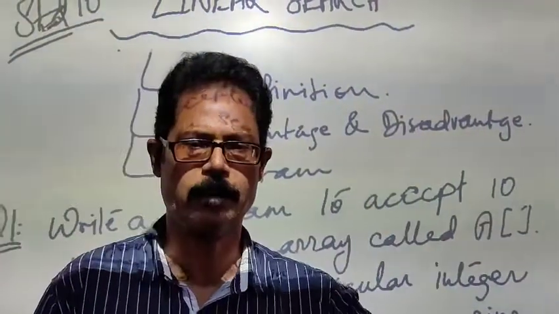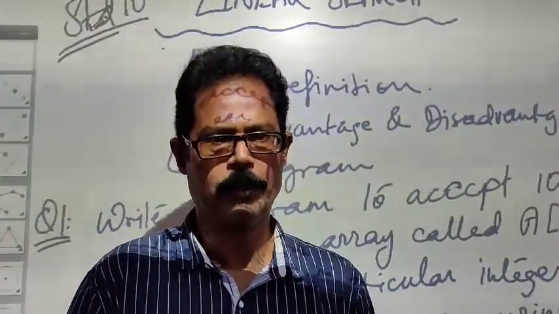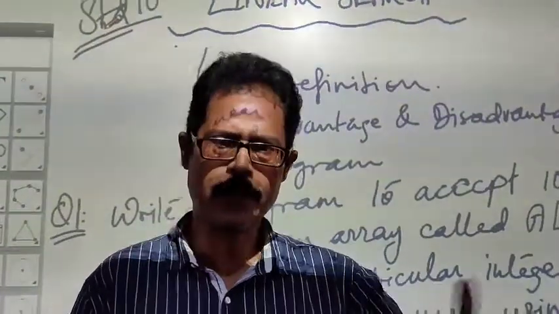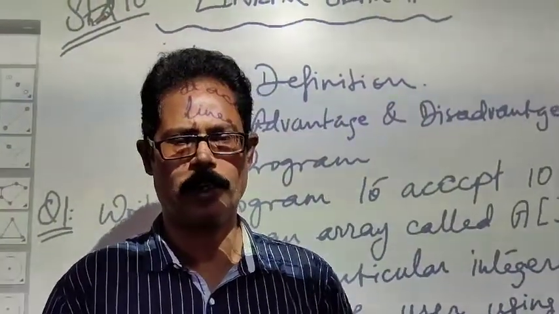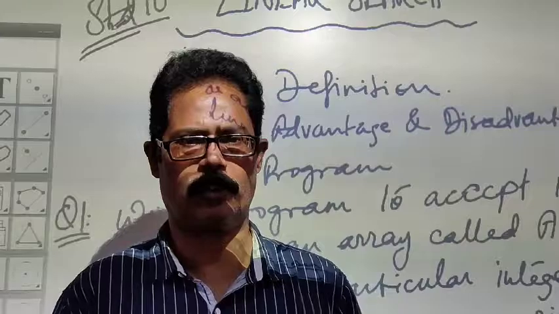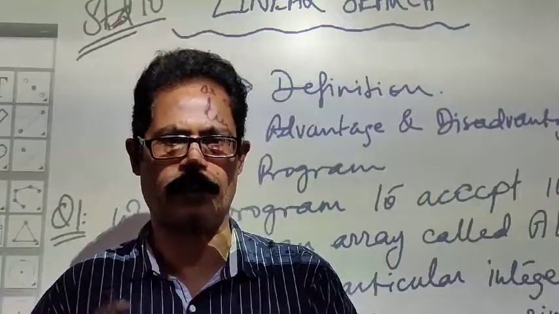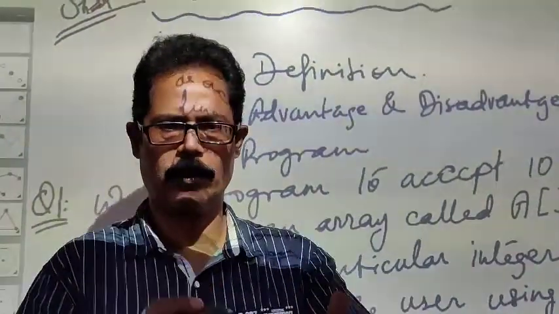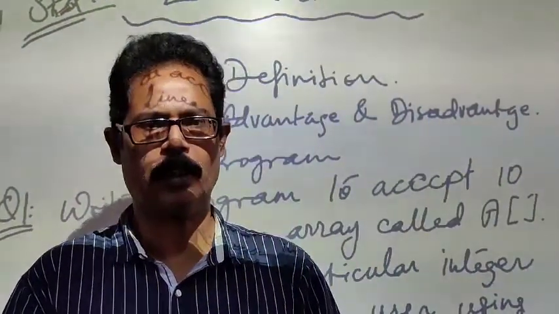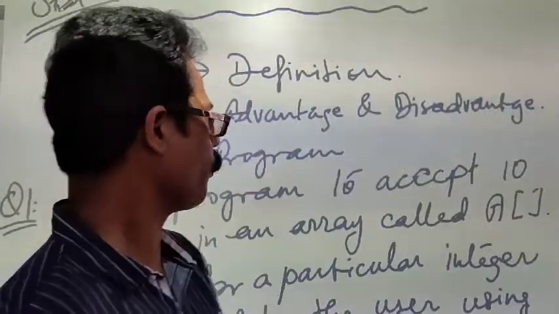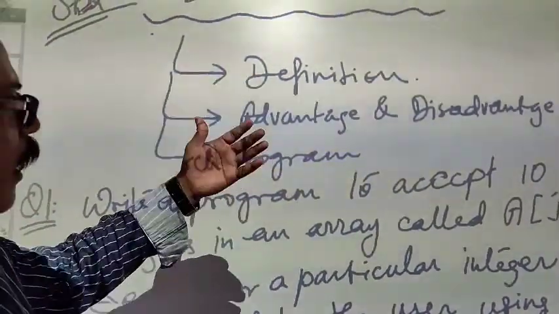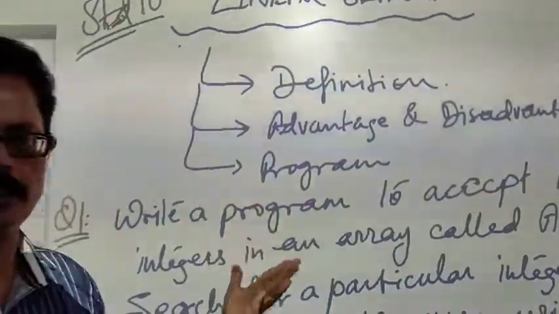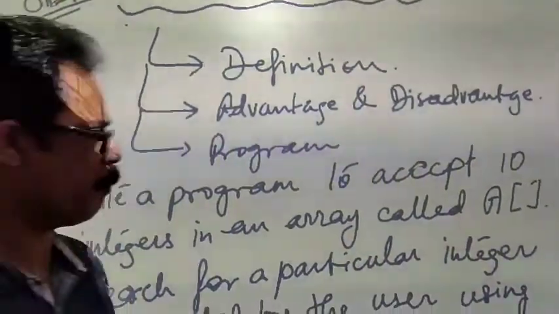Inefficient means that it consumes a lot of time and involves a greater number of comparisons, especially if the element to be searched is found towards the end of the array. If it is at the beginning, it's fine, but if it is at the end, it is a time-taking searching technique. So let us understand the working of the linear search technique in a program.